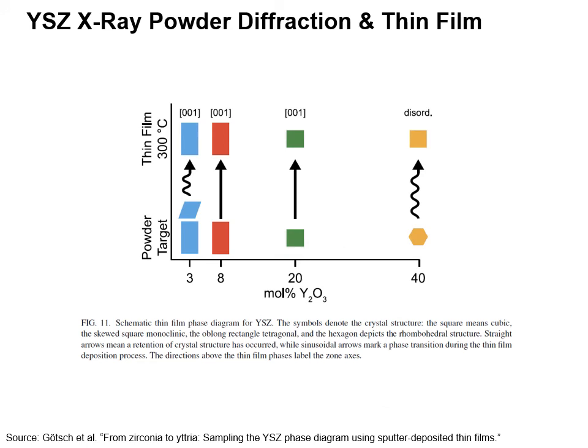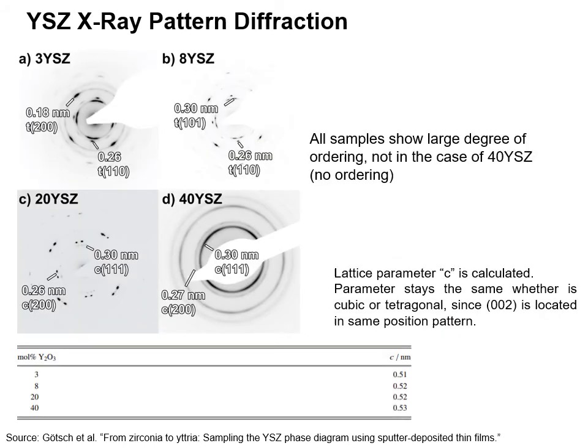You'll have your powder target at the bottom, your tetragonals, your cubic, and your rhombohedrals, and your phase changes are notified by the wiggly squiggly line, and you have a straight line which is basically retains its properties. Here you see an X-ray diffraction pattern for the percentages of 3, 8, 20, and 40.